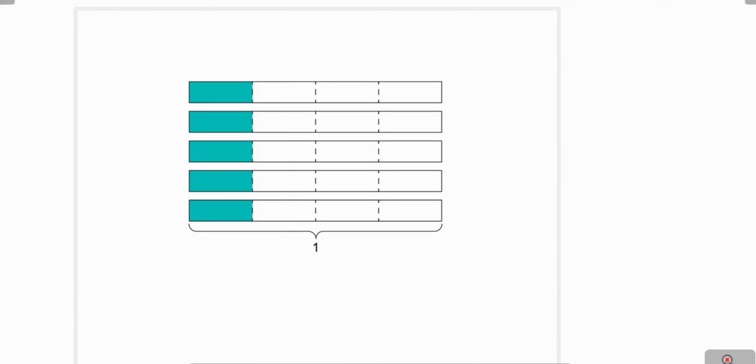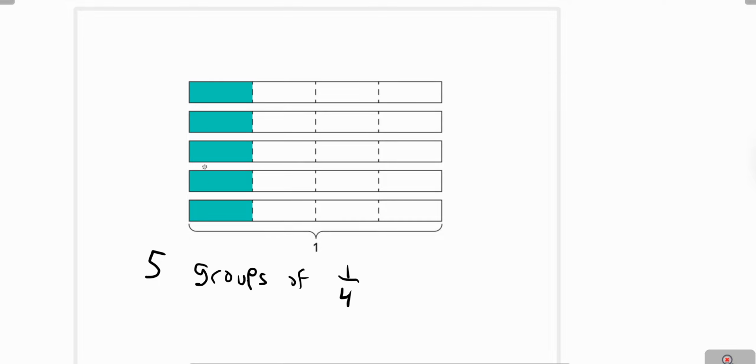So here we have, for example, 1/4 again, but we have 1, 2, 3, 4, 5. So now we have 5 groups of 1/4.